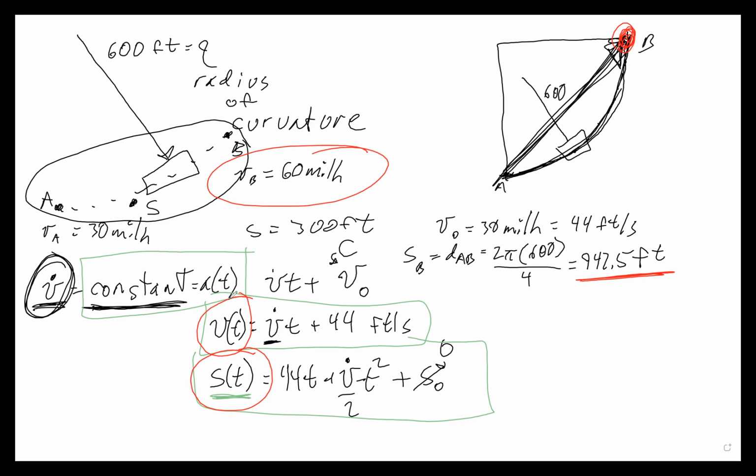And then we only have time and v dot left as unknowns, and we can find those two because then we have two equations, two unknowns. So let's do that calculation.